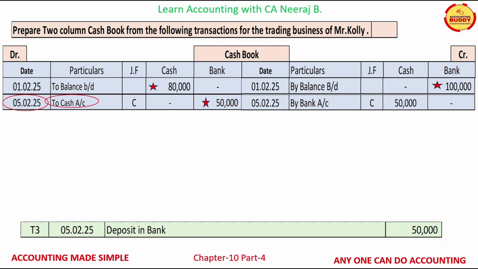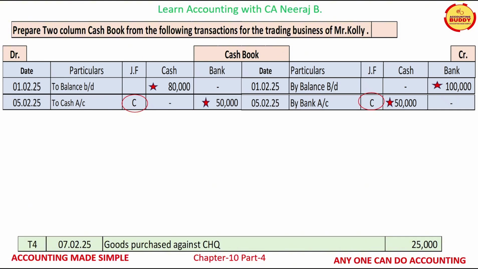Similarly, since there is an outflow of cash, $50,000 will be recorded in the cash column on the right hand credit side of the cash book on 5th of February 25 by writing the words by bank account. As this is a contra entry, it will be represented by writing the letter C in the journal folio column on both the sides of the cash book.